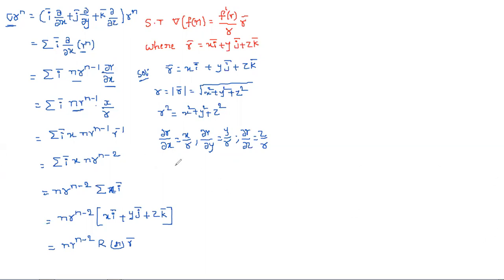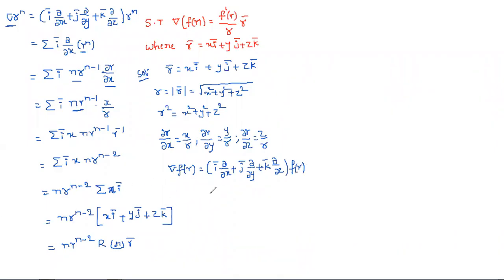So del f of r is equal to, already we know that del is nothing but I dou by dou x plus j dou by dou y plus k dou by dou z into f of r.